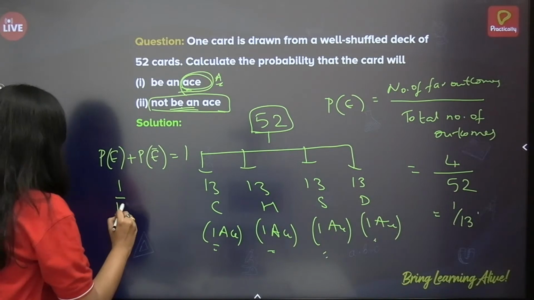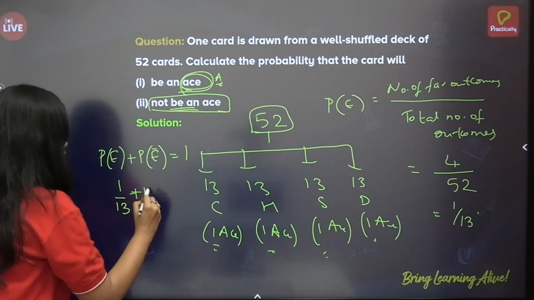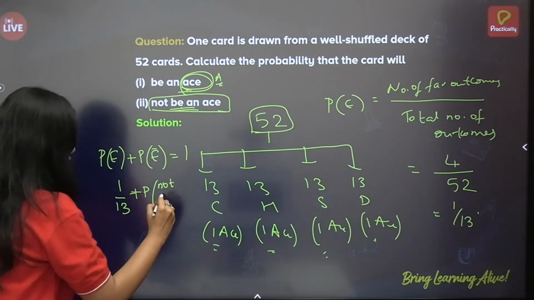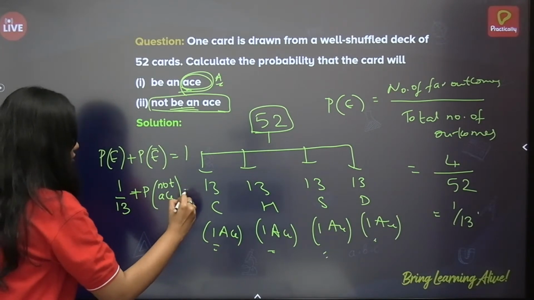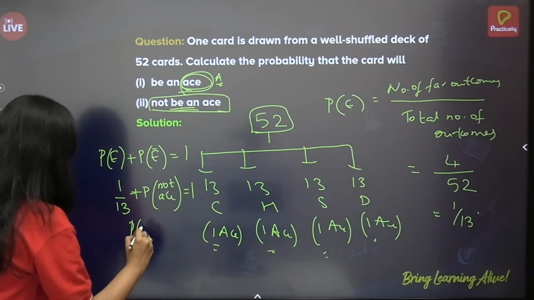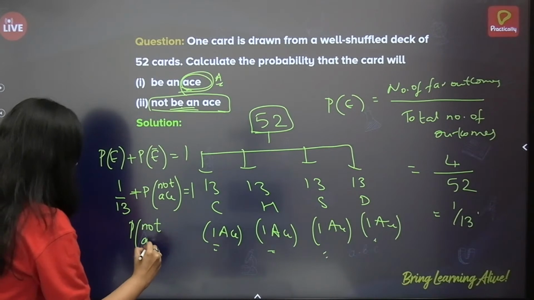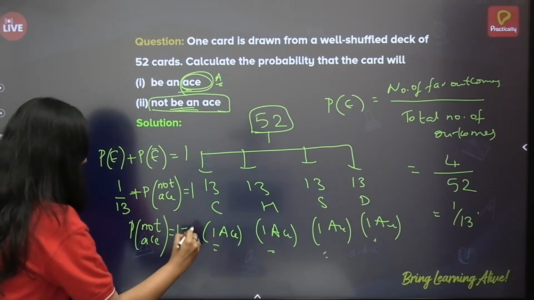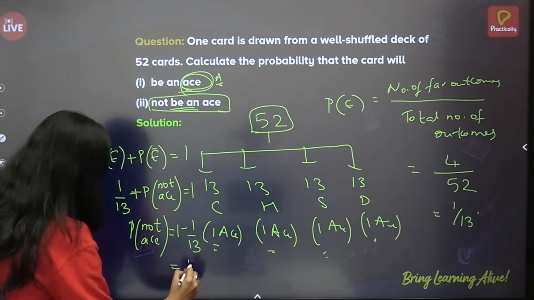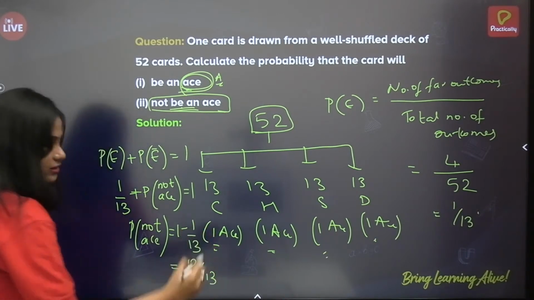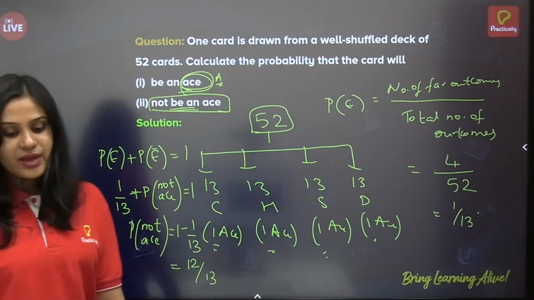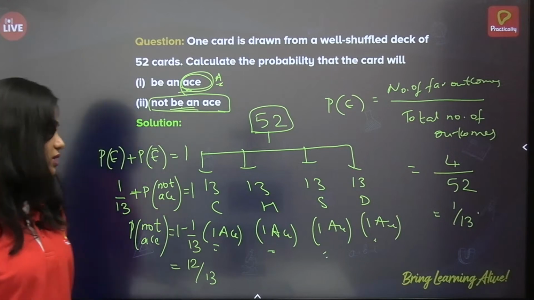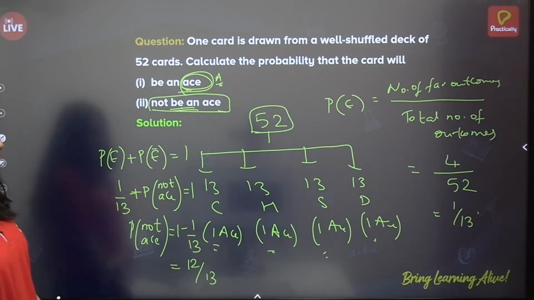So, 1 by 13 plus P of not ace is equal to 1. So, the probability of not getting an ace is 1 minus 1 by 13. That is 12 by 13. Right. Very good, Lakshmana Prabhu. 4 by 52 is correct. So, this is 12 by 13.